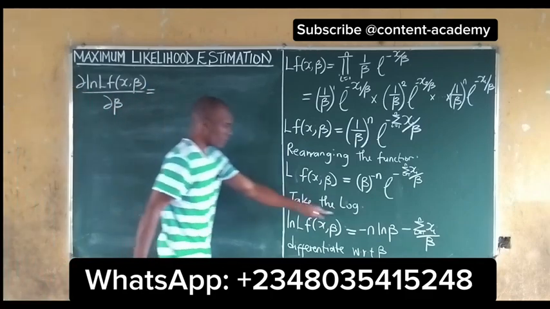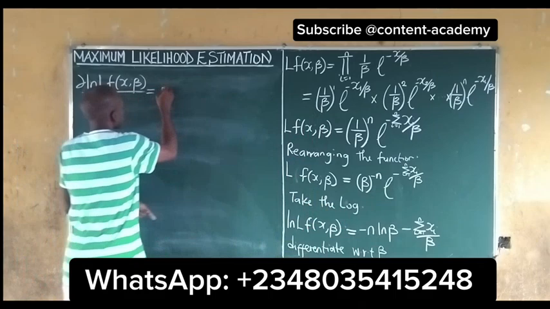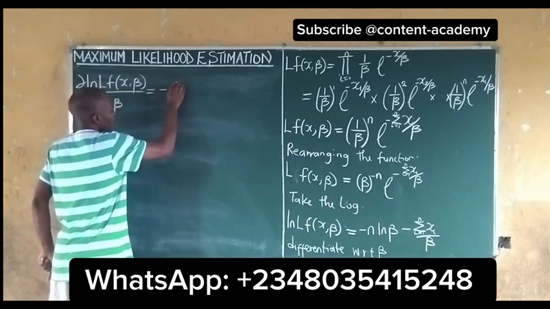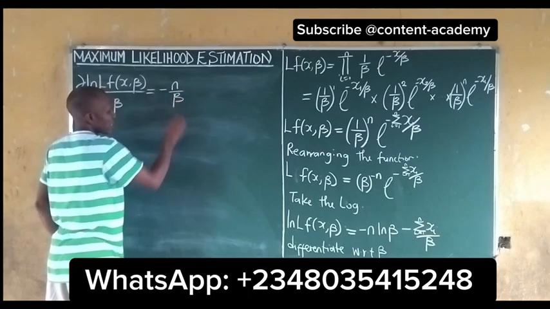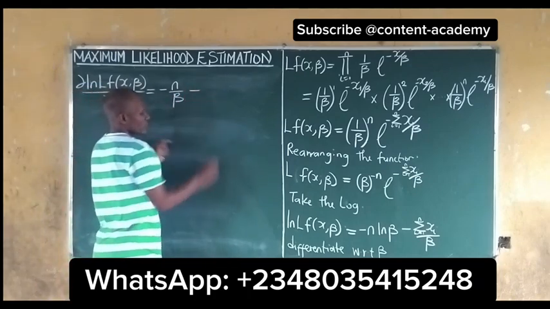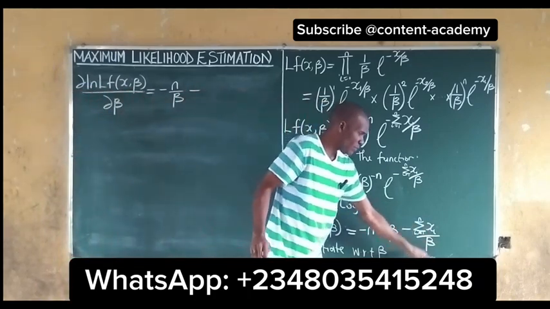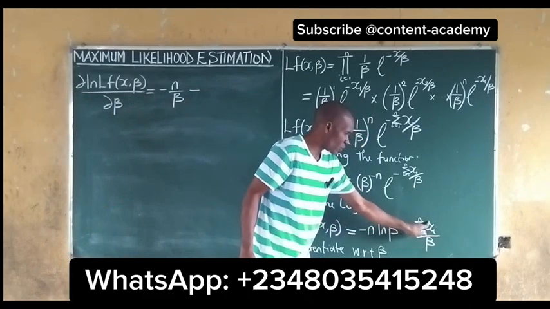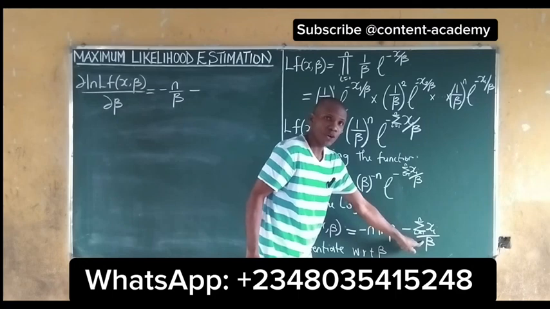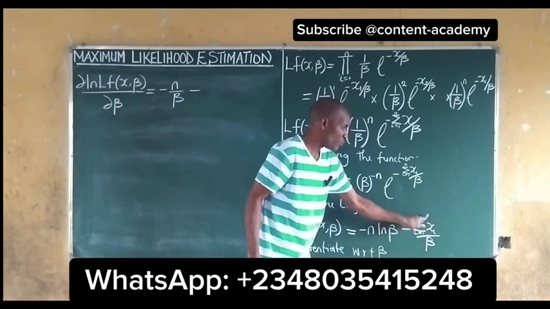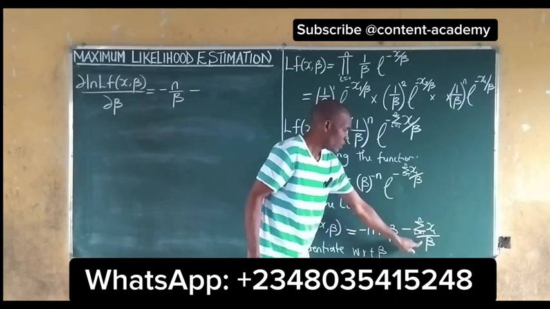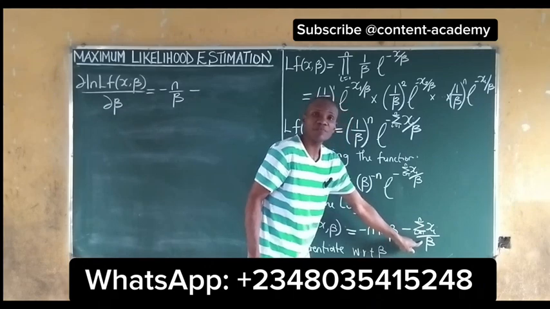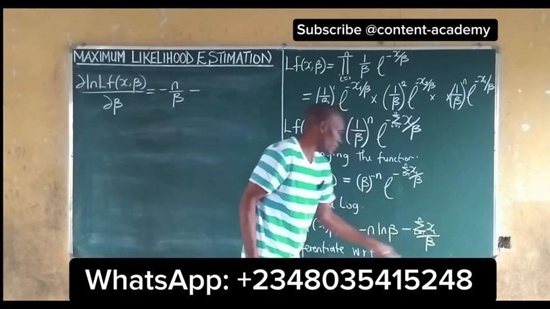So if we differentiate this function here, we'll get negative n all over beta minus, for me to differentiate this function, as you see, is a function on top of a function. So what we'll do, we'll use the quotient rule of differentiation to achieve this.